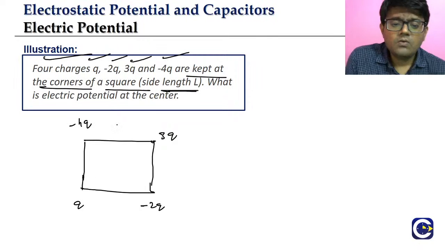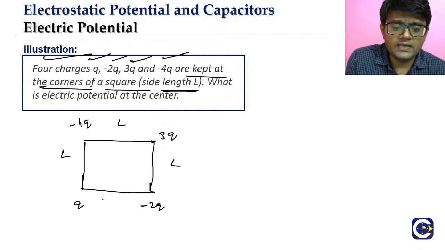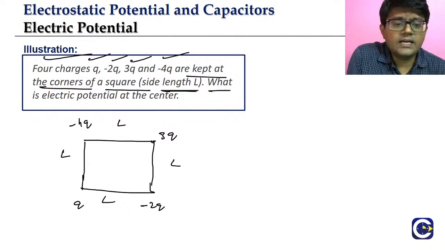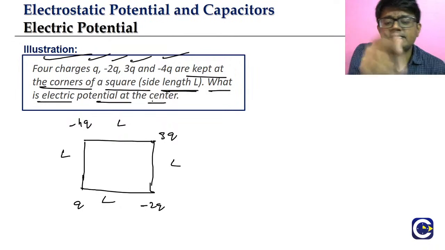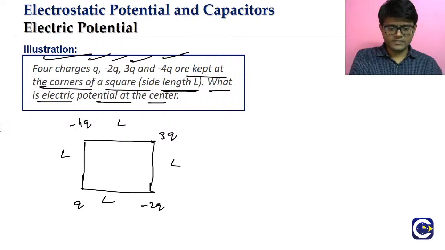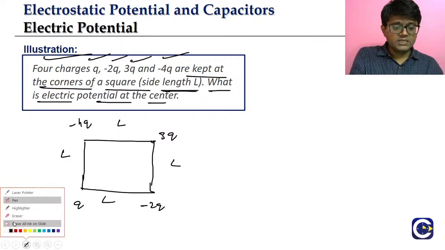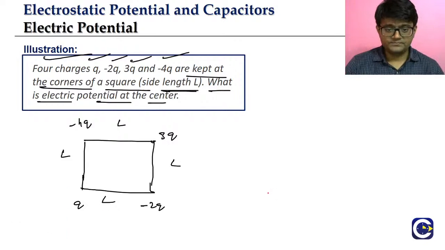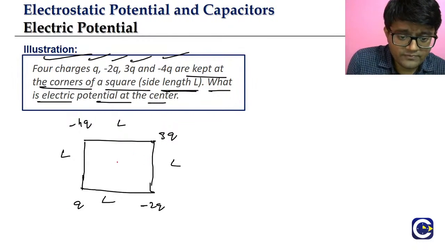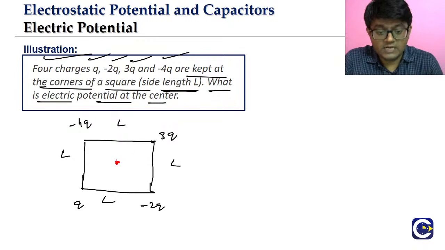The side length of the square is L. What are they asking? What is the electric potential at the center, that is, the center of the square?